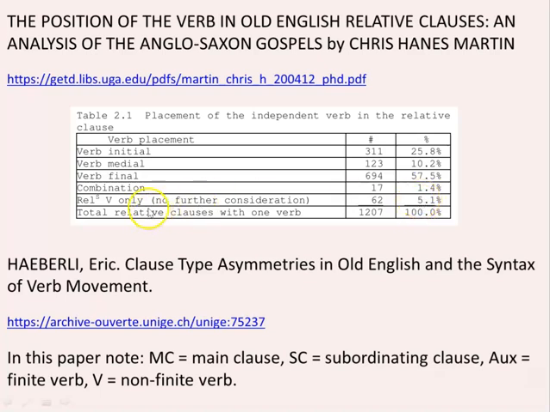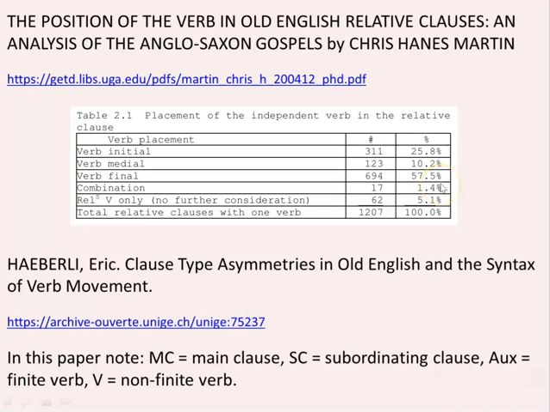So really that 5% means you've got the verb at the end. Very simple. So you must take that 5% and add it to this 57%, so you've got about 62.6% of subordinate clauses where the verb is at the end, or verbs are at the end. All right?